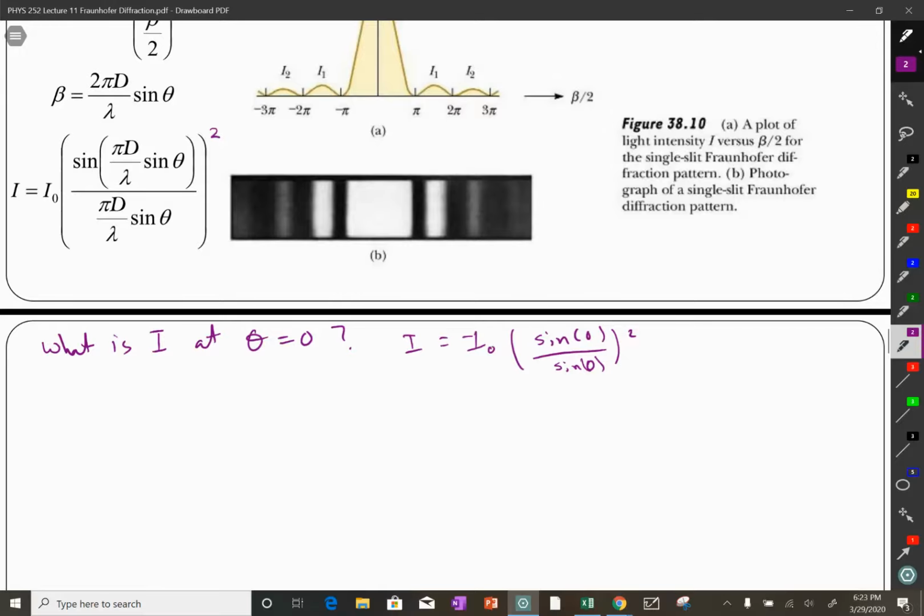And we see that's a problem, because it's 0 over 0. 0 over 0 could be 100, it could be 0, it could be infinite. So how we determine what actually happens there is using L'Hopital's rule.